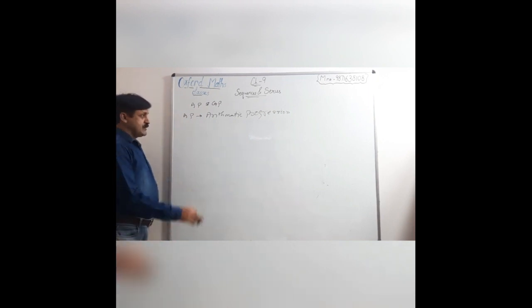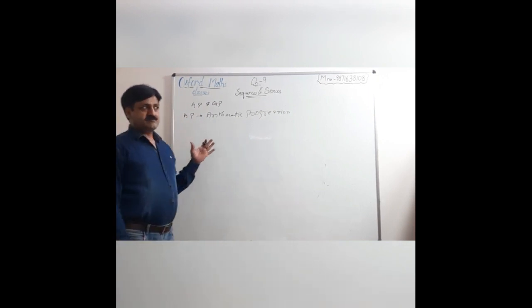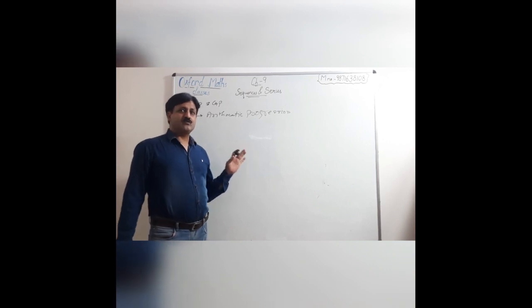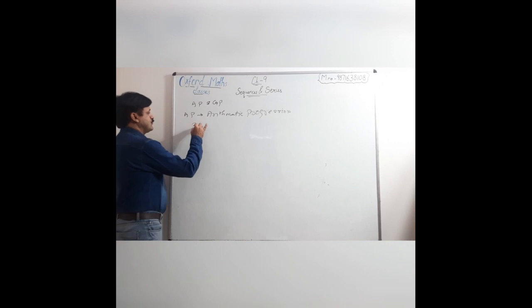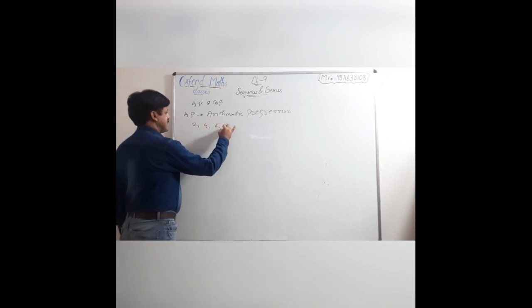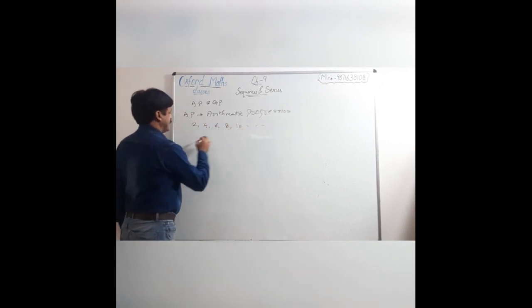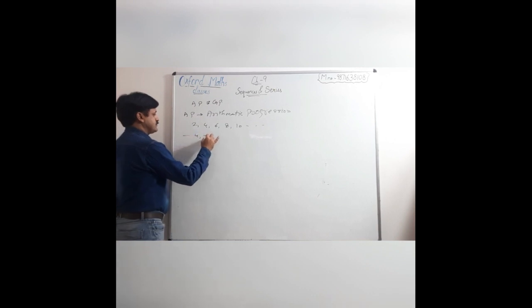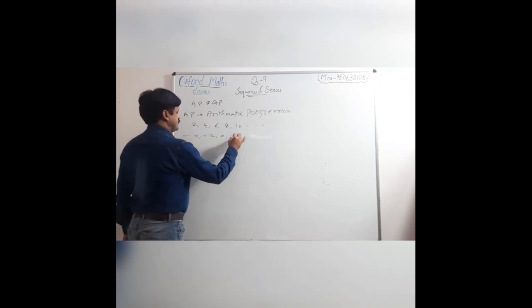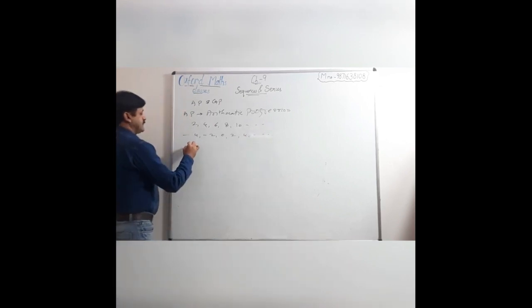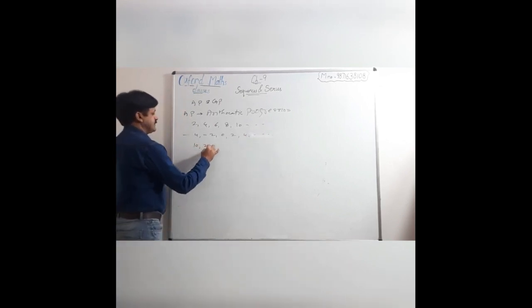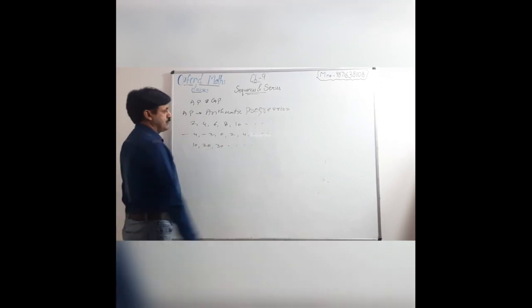Arithmetic progression. When the difference between two terms is the same throughout the series, it is called arithmetic progression, like 2, 4, 6, 8, 10, or -4, -2, 0, 2, 4, and so on, or 10, 20, 30, and so on.